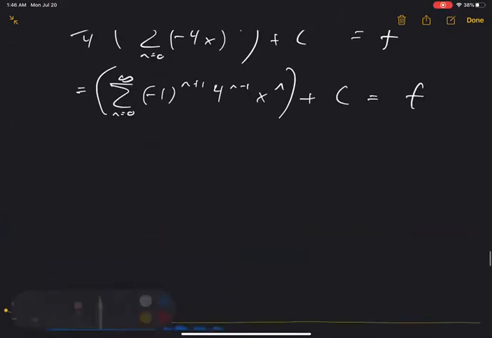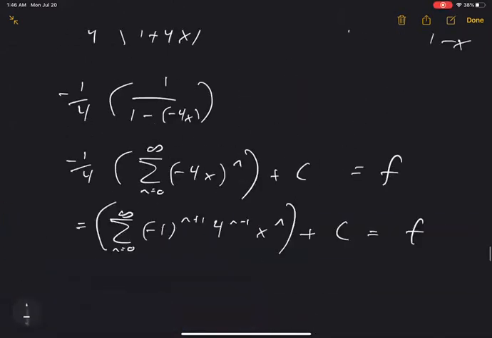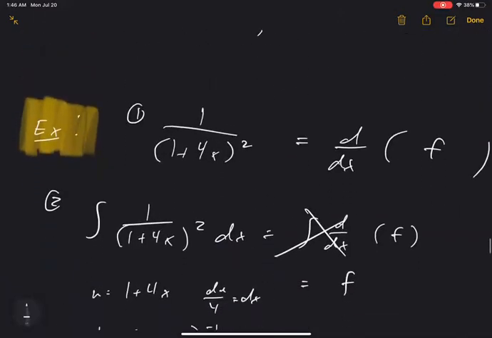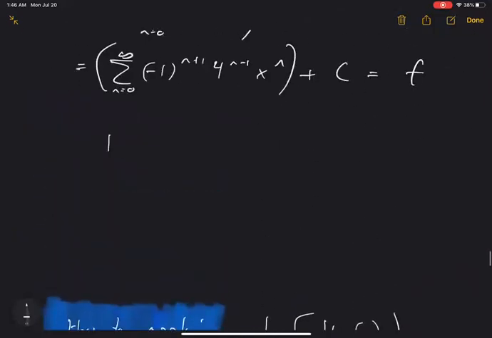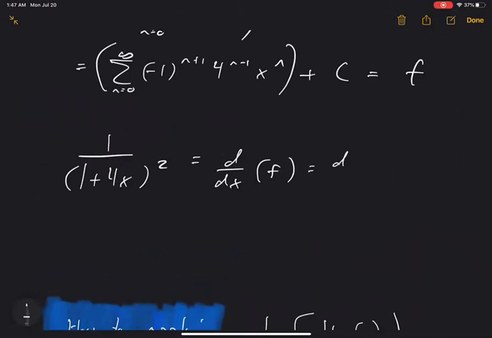Now, remember what we're saying. We're saying that our function is the derivative of f. So 1 over (1 plus 4x) squared is the derivative of f, and f is the same thing as that power series, so our function is the derivative of that power series.